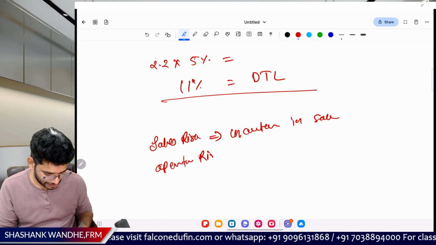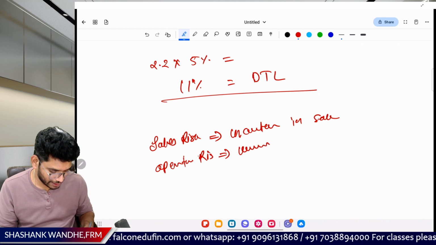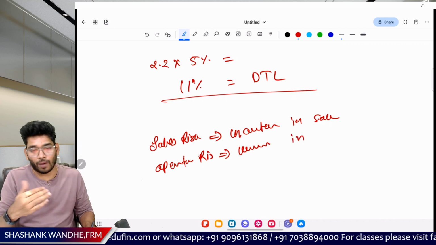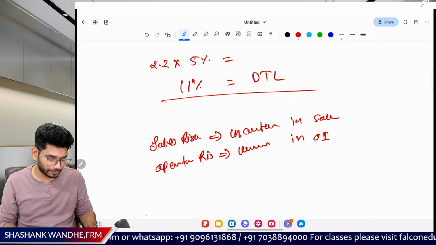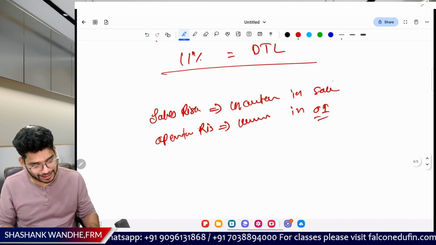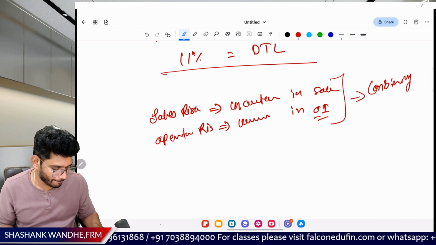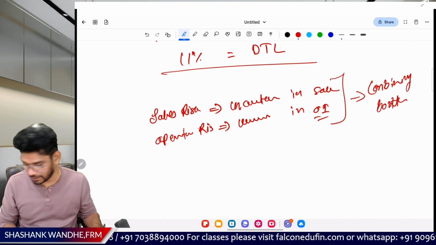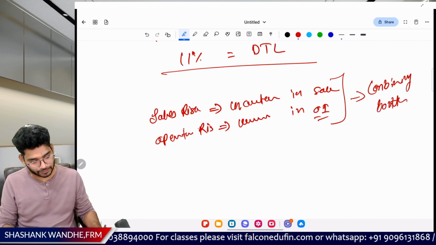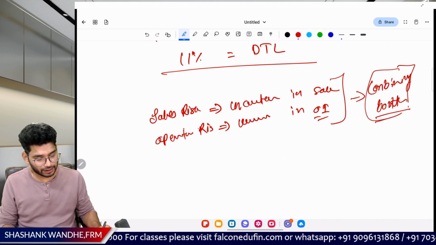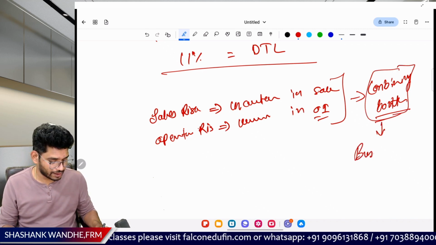Operating risk is the uncertainty in your operating income. And your business risk is combining both. In simple terms, it is very simple: combining both gives you the business risk.